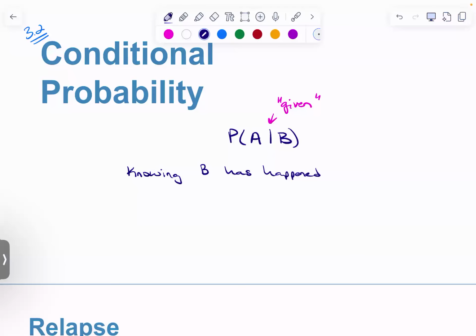So knowing B has happened, what is the probability of A happening? And that's the probability of A given B.